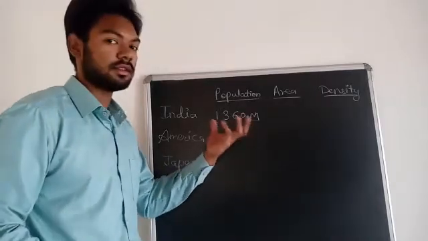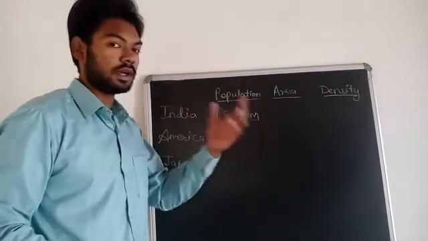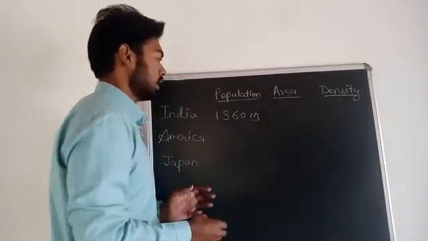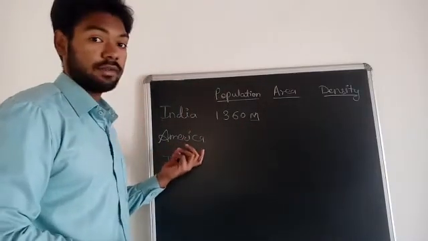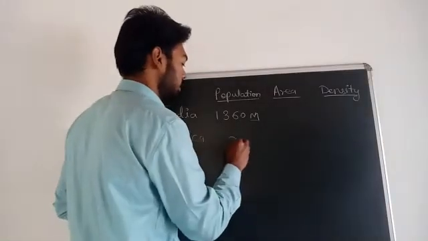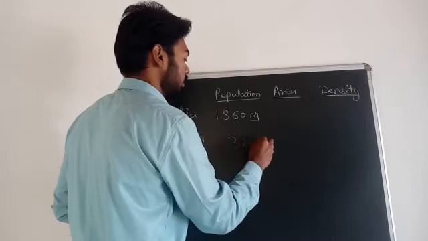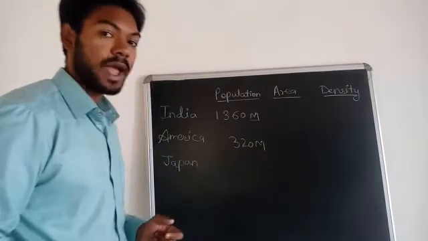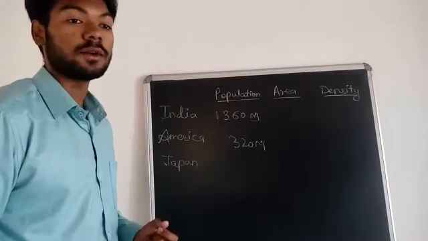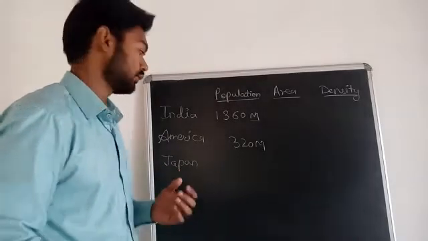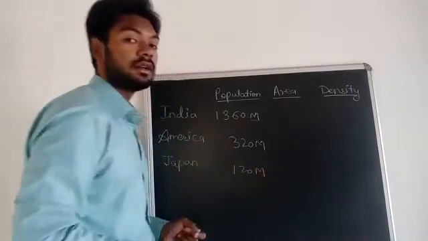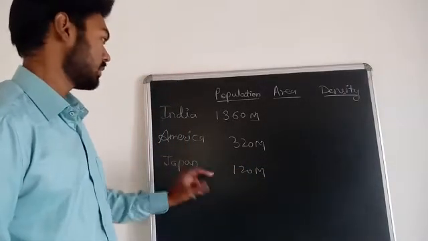If it is 136 crore and you want to convert it into million, we just multiply by 10. Then the people living in America are about 32 crores, which means 320 million. And the people living in Japan are about 12 crores, so we will say 120 million people are living in Japan.